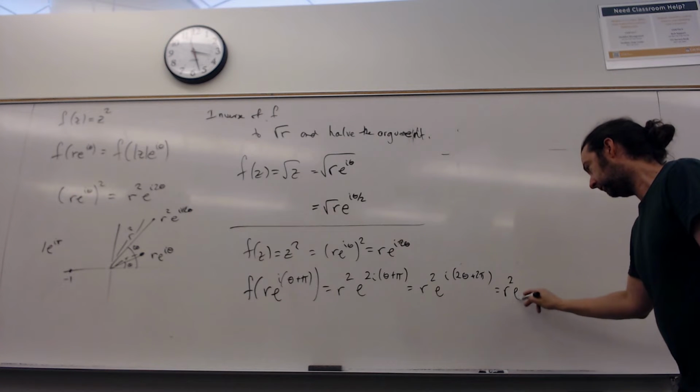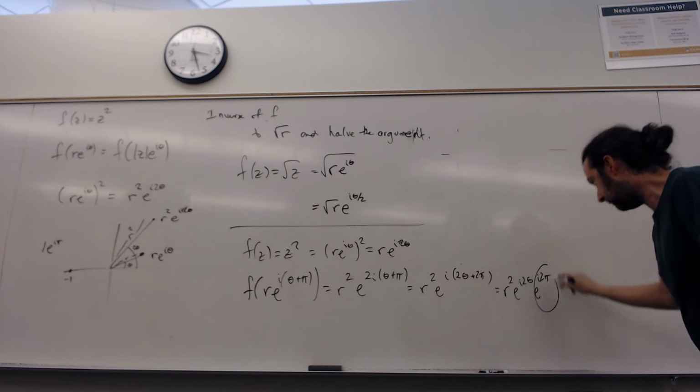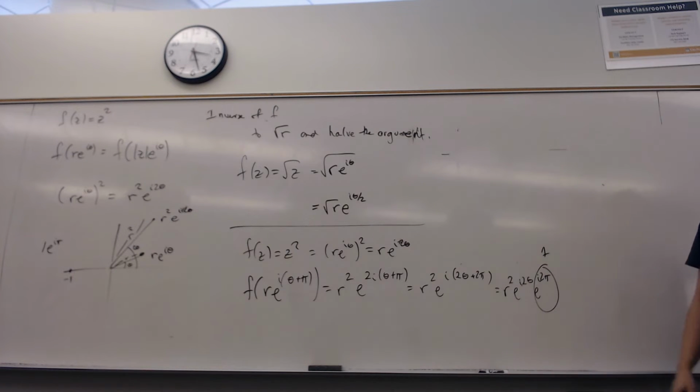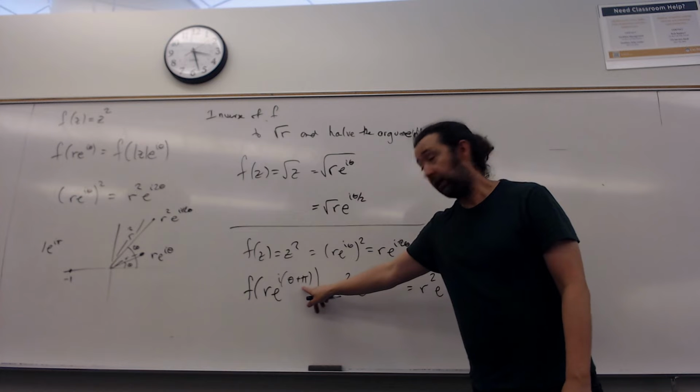So r squared e to the I 2 theta, e to the I 2 pi, this is 1. And those numbers are distinct from each other, right? They differ by pi radians.